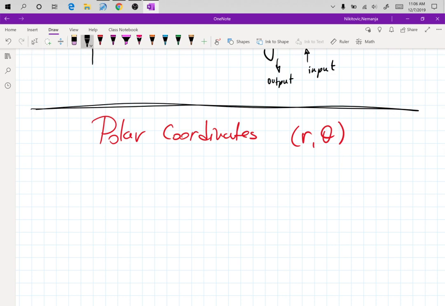These coordinates live in the same xy coordinate system, but the way to get to the point is different than what you had so far.